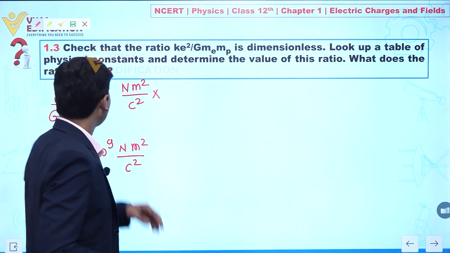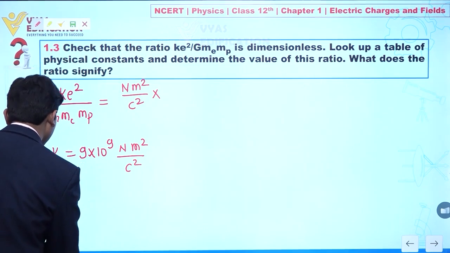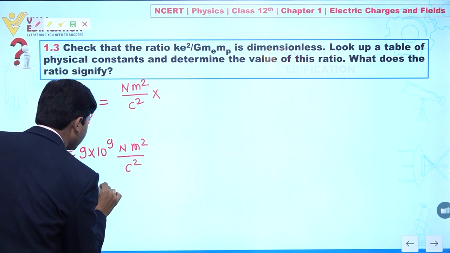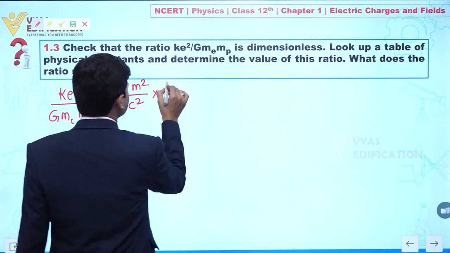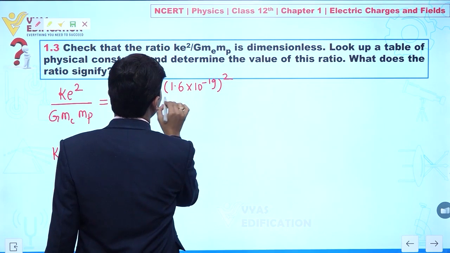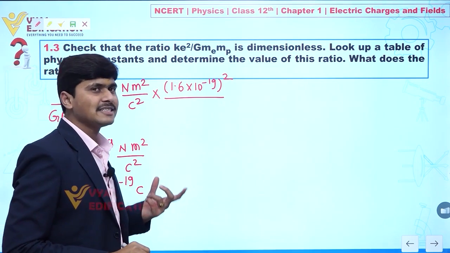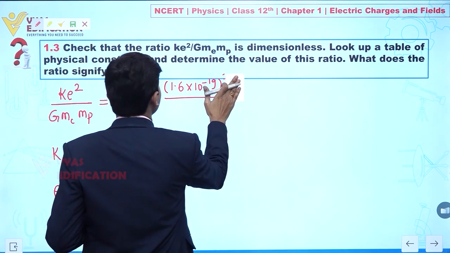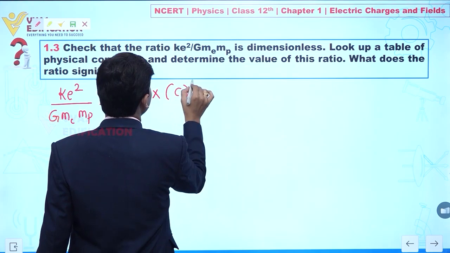Clear to you? Now here we have e. What is e? Charge of an electron. Clear? So this is given by 1.6 into 10 to the power minus 19 Coulomb. Clear? So we write 1.6 into 10 to the power minus 19, whole square. Clear to everyone? Yes. Now the value of capital G, we are writing units, so this is Coulomb square.